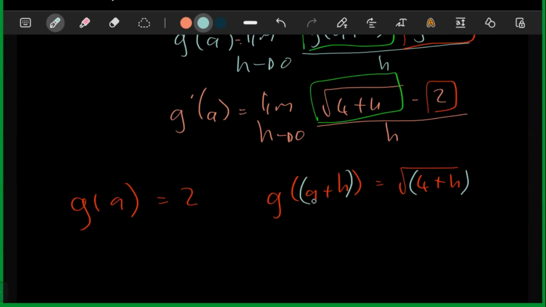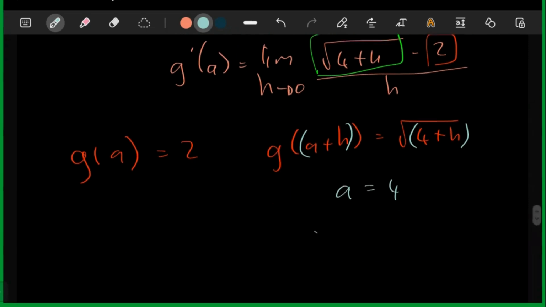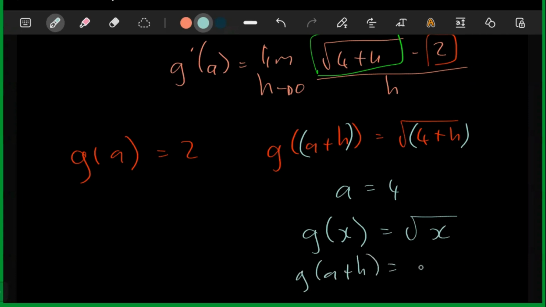So in other words, here the a is definitely representing the 4, and then our equation of g of x would need to be square root of x. Because if you throw a plus h here, you'd have a plus h.